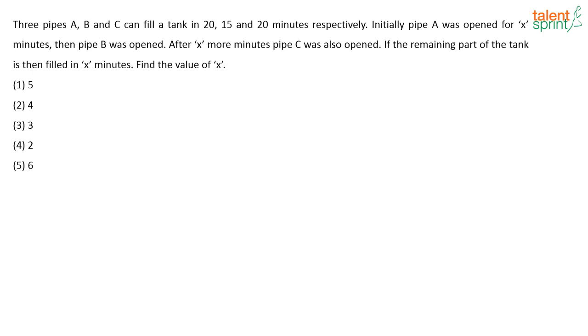3 pipes A, B and C can fill a tank in 20, 15 and 20 minutes respectively. So what does that mean? A in 1 minute can fill 1/20th of the tank, B in 1 minute can fill 1/15th of the tank, and C in 1 minute can fill 1/20th of the tank. Initially pipe A was opened for X minutes, then pipe B was opened.